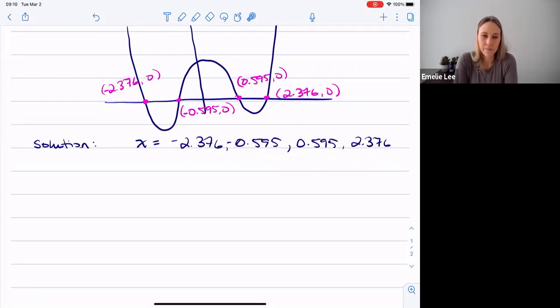Good. Okay. So x squared minus, yeah, so that's going to be the same. Except you want to restrict your domain to negative 2 and 2.